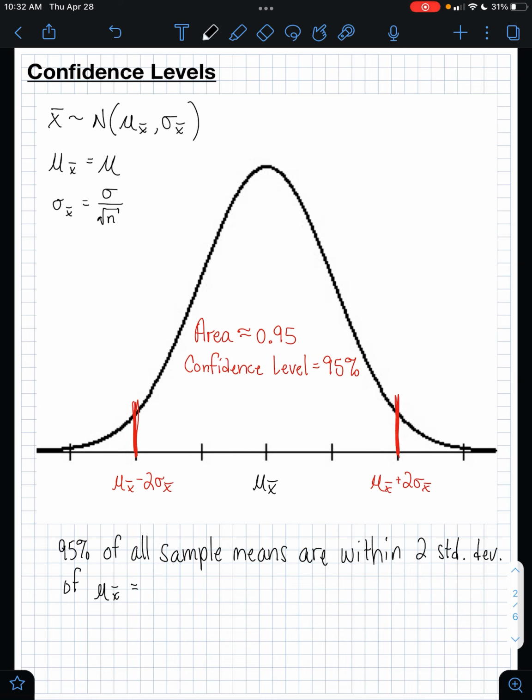But the thing to remember is that mu sub x bar is the same thing as mu, our population mean. So if we generate a sample and calculate the sample mean, there's a 95% probability that we are going to be within 2 standard deviations of the population mean.